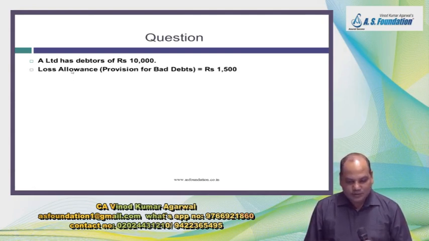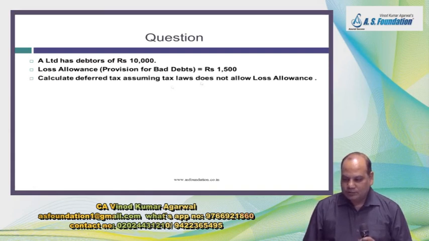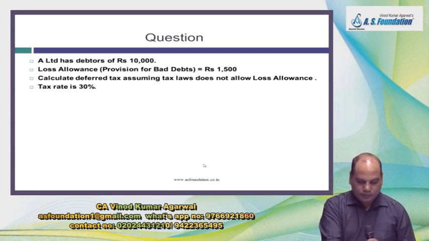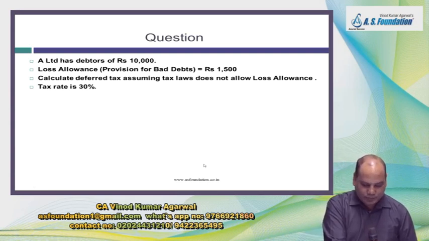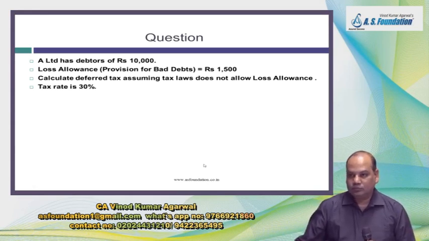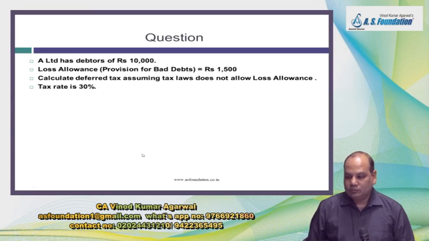A Limited has debtors of 10,000, loss allowance 1,500. Calculate DTA assuming tax laws do not allow loss allowance. Tax rate is 30%. Solve. So what is the carrying amount?